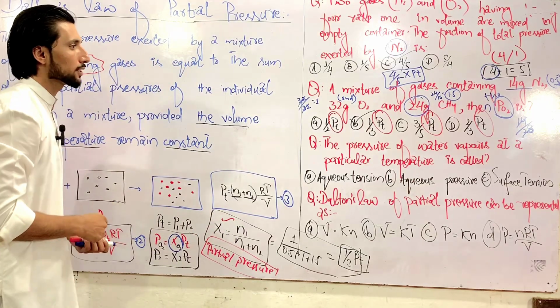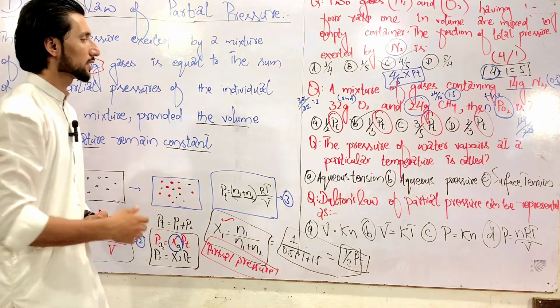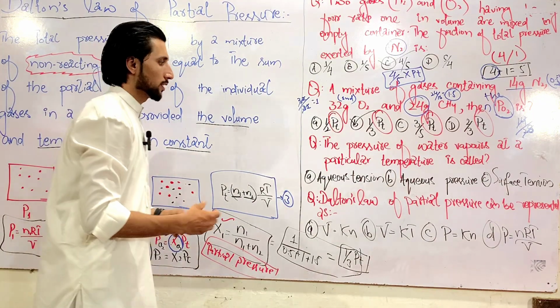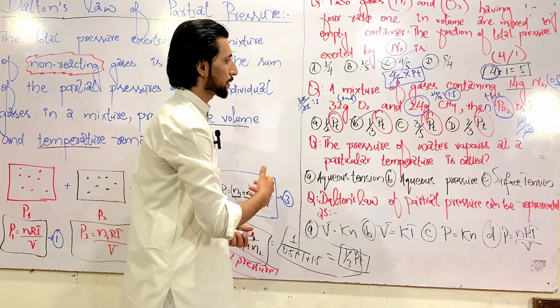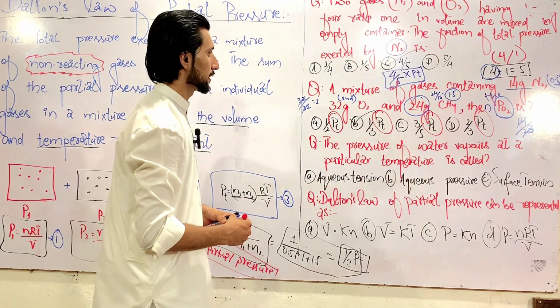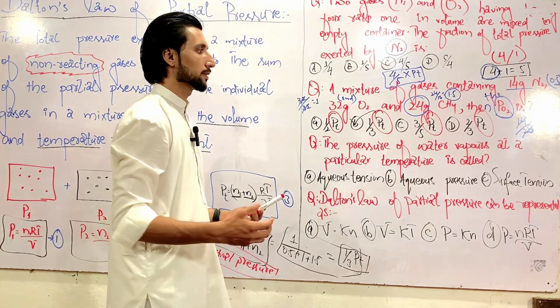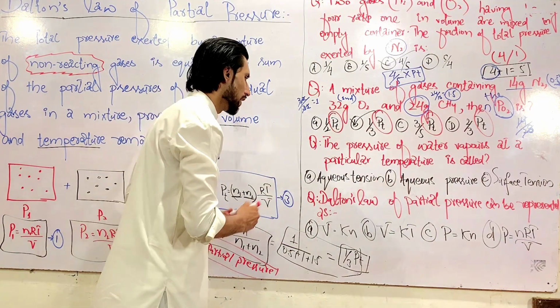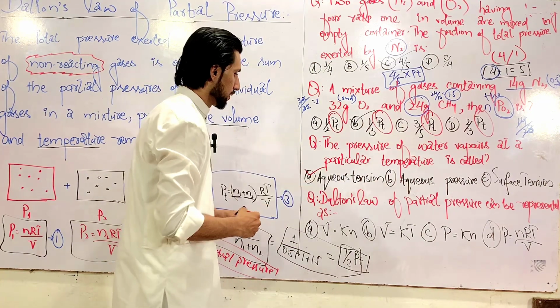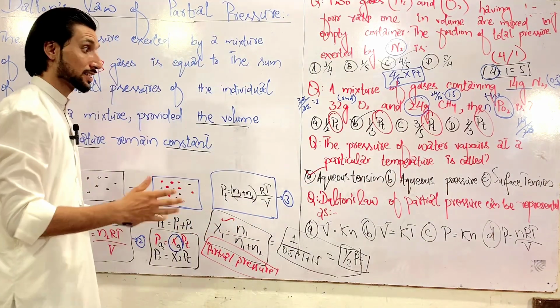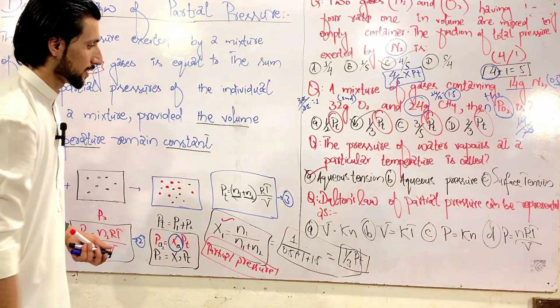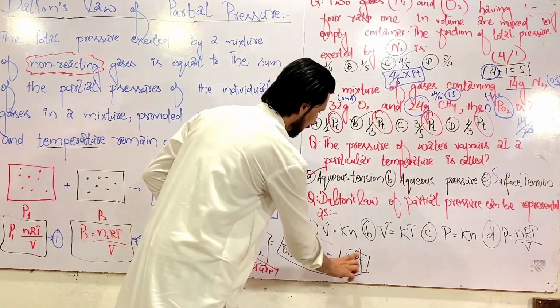Now the other question, this is not conceptual. The pressure of water vapors at a particular temperature is called aqueous tension. Dalton's law of partial pressure can be represented as, so here we are given different options.